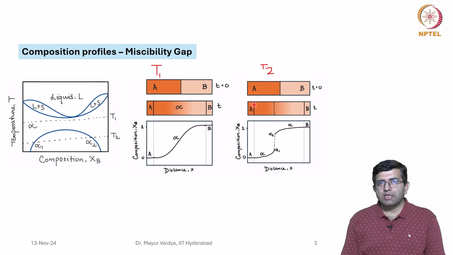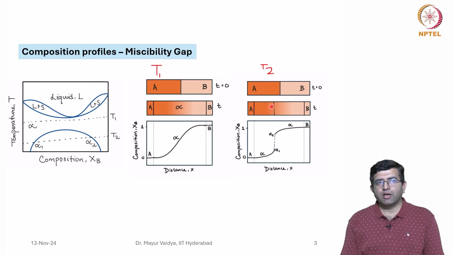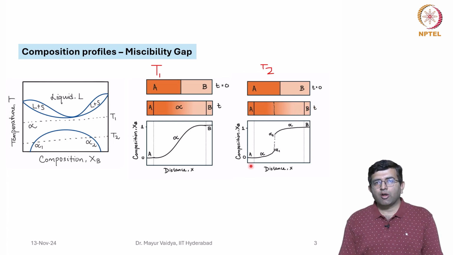What you will see is a phase alpha here, this region, and another phase alpha with a different composition here. So, it will be the same alpha phase, a single phase alpha, maybe with different compositions existing here, and therefore, the composition profile will have a break.